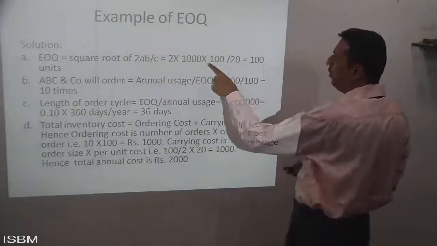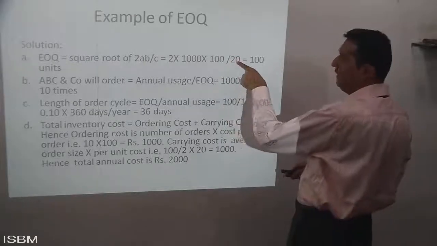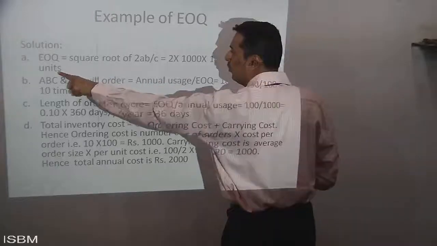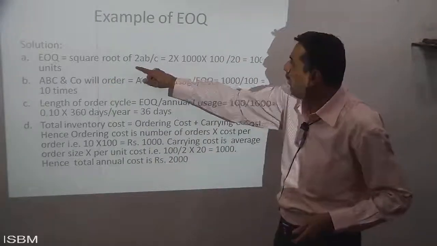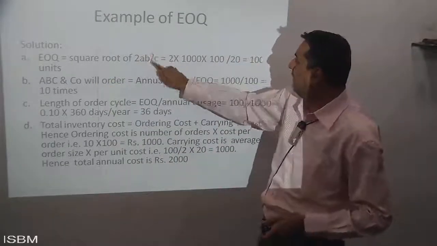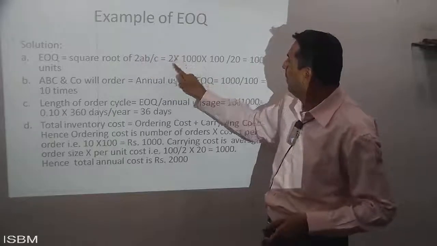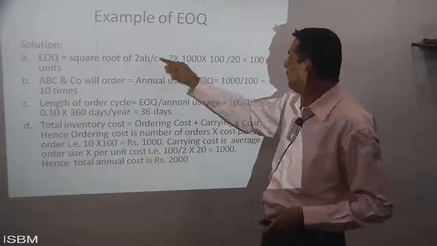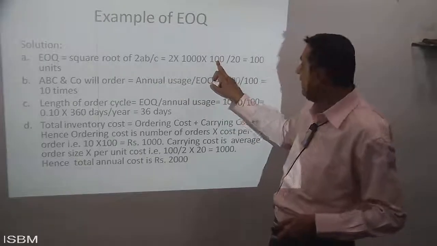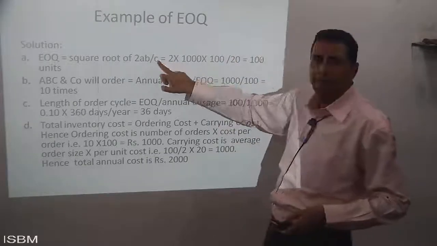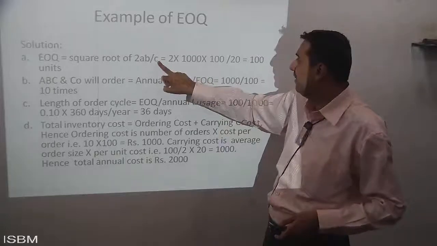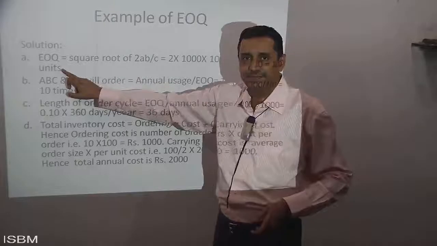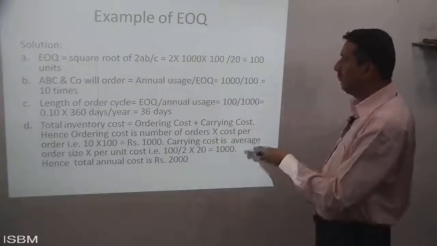B is the ordering cost per order, divided by C, the price per unit of raw material, which is 20. If you multiply and take the square root, it is 100 units. So this EOQ is calculated by this formula.